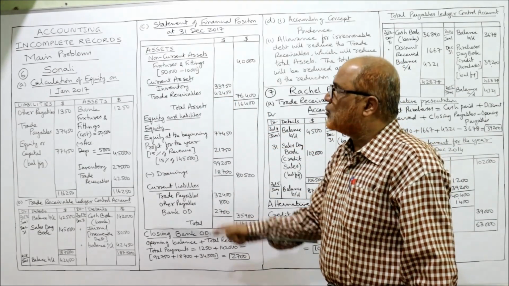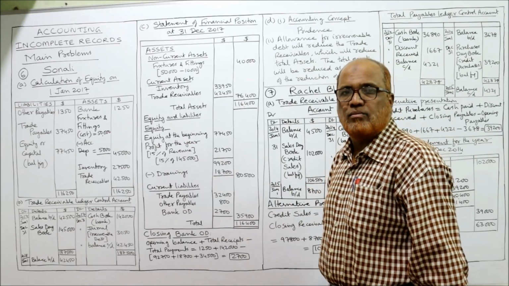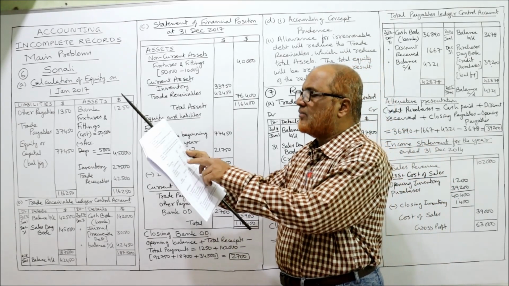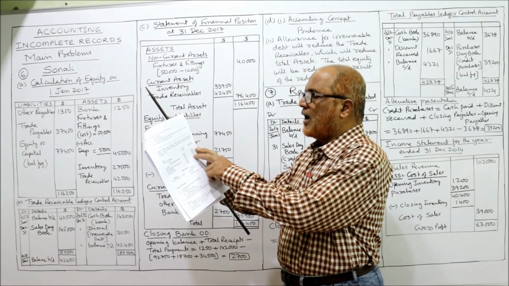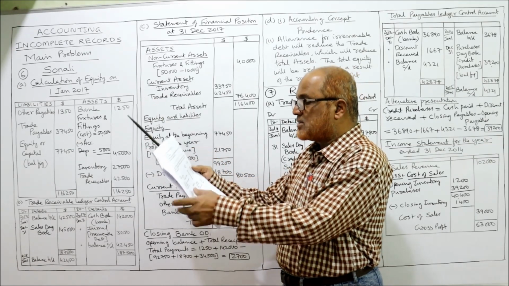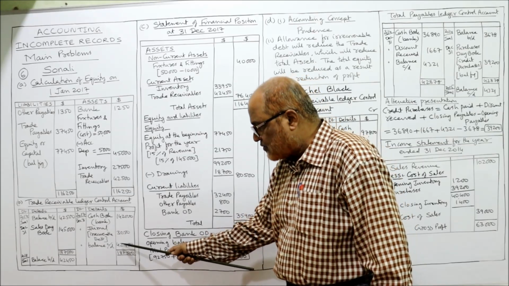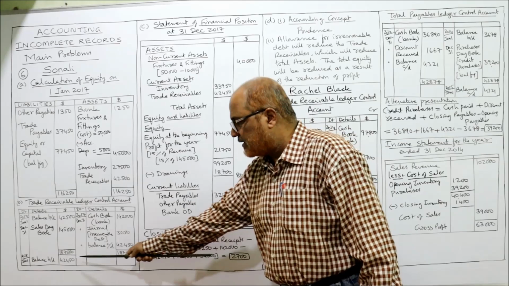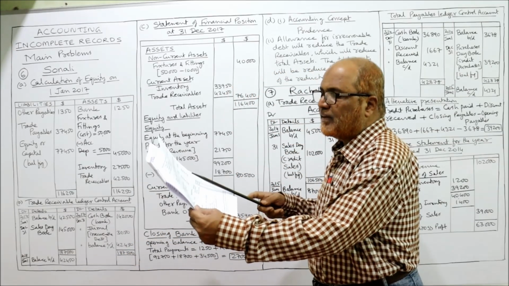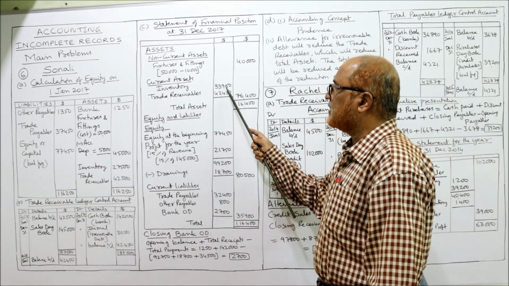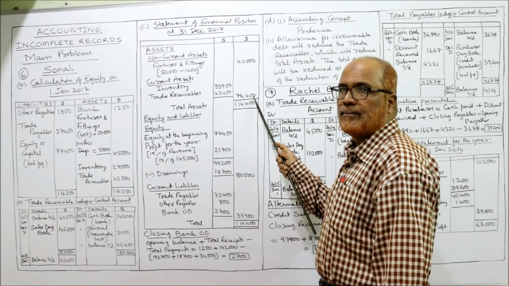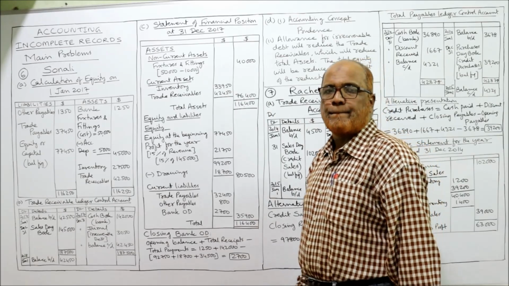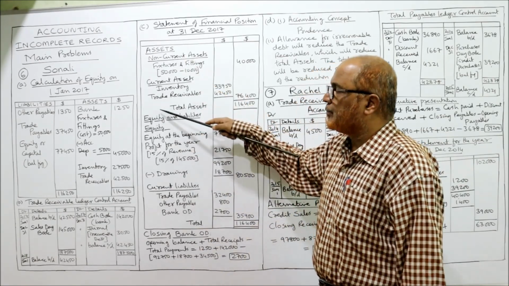Current assets consist of two items, inventory and trade receivable. Inventory is given as 33,950, and trade receivable we have calculated as 42,450 at the end of the year. Inventory at the end of the year is given in the problem as 33,950. The total of current assets is 76,400, and the total of the assets is 1,16,400. Half of the statement is over.